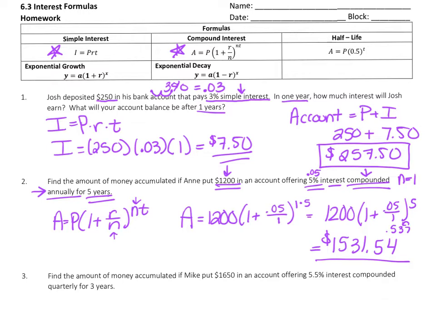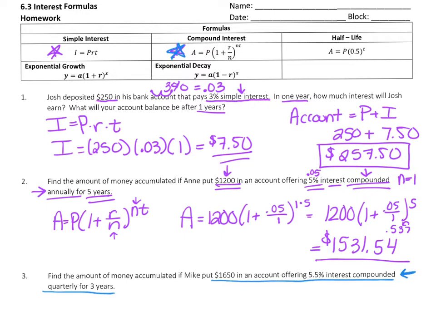Number 3 says, find the amount of money accumulated if Mike puts $1,650 in an account offering 5.5% interest compounded quarterly for 3 years. Again, I have that word compounded, so I'm going to use this compound interest formula again.